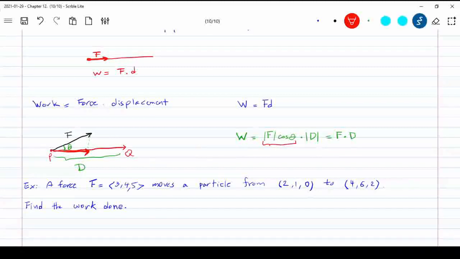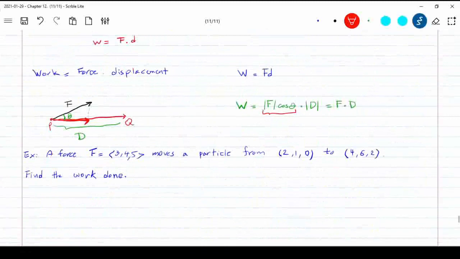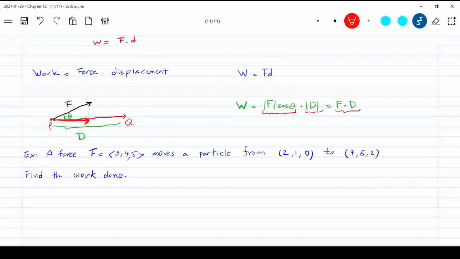That is the scalar projection, and multiply by the distance. If the distance is a vector, then you have to consider the magnitude. That is the work done in this direction. But you can rewrite this in terms of just the dot product. It is magnitude F magnitude D cosine theta, which is basically the inner product of two vectors.